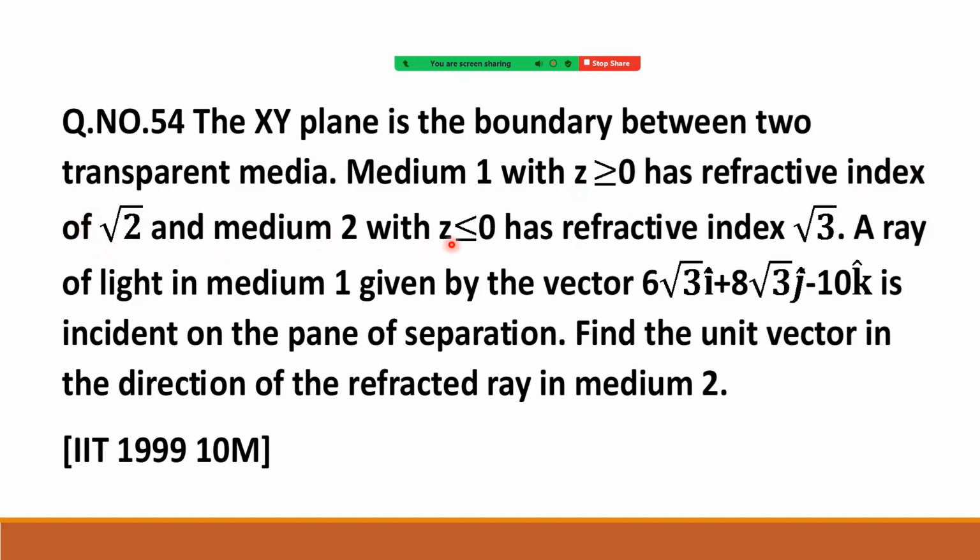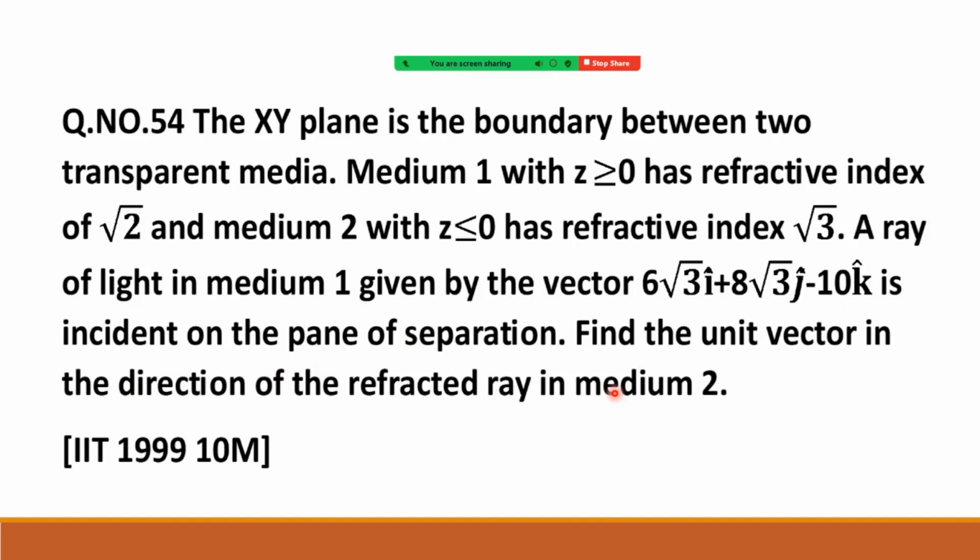Medium 2, z less than or equal to 0, has refractive index root 3. A ray of light in medium 1 given by the vector 6 root 3 i cap plus 8 root 3 j cap minus 10 k cap is incident on the plane of separation. Find the unit vector in the direction of the refracted ray in medium 2.